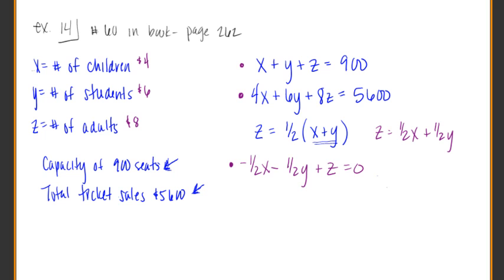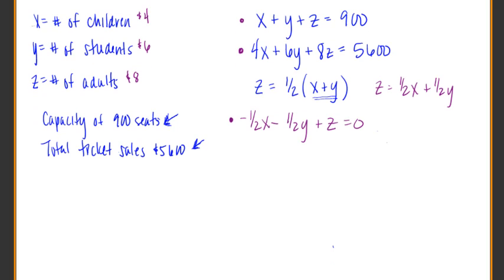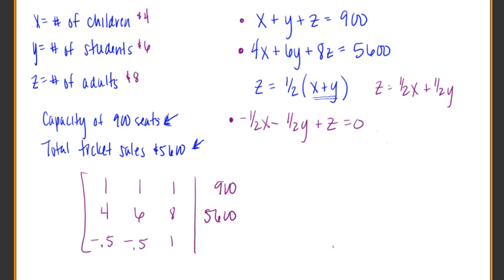Okay, so let's stick these all in the matrix and let our calculators help us out. The first column's all my x's, so 1, 4, and if you want to do negative 1/2 or negative 0.5, the same thing. It looks like we have 1, 6, and negative 1/2, 1, 8, 1, and then 900, 5,600, and 0.